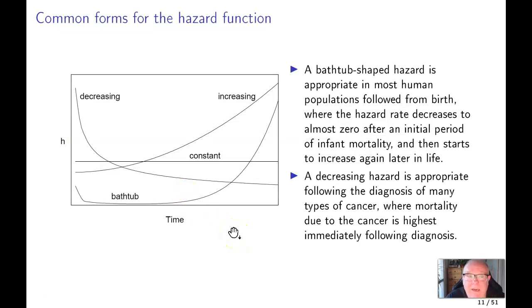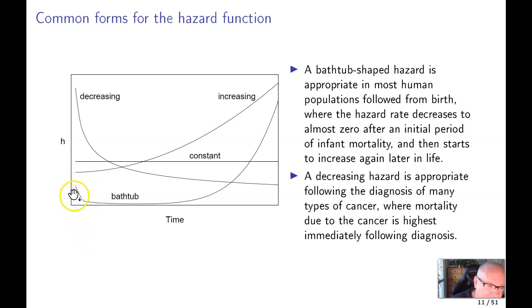Now, we're modeling the hazard function, and the hazard function can take a number of different forms. Well, in fact, an infinite number of forms. But some of these have particular names. So a bathtub-shaped hazard, well, this is appropriate in most human populations followed from birth.